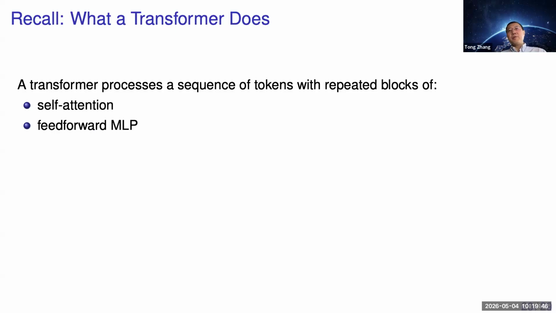There's no resolution reduction, unlike a CNN or UNet, which have resolution reduction. There's no convolution. They are all global attention. So this is the key. Then there are normalization and residual connections, which keep it simple.